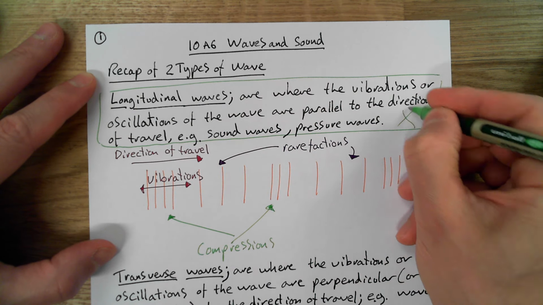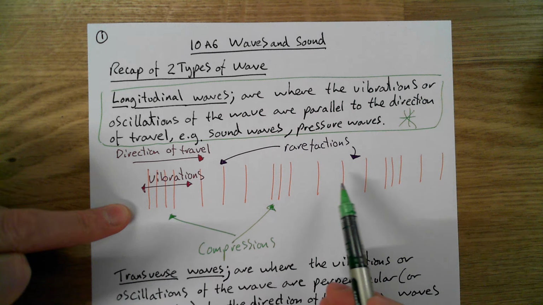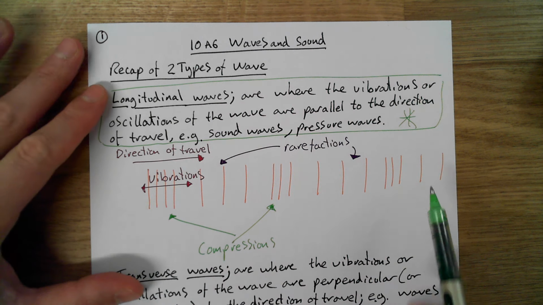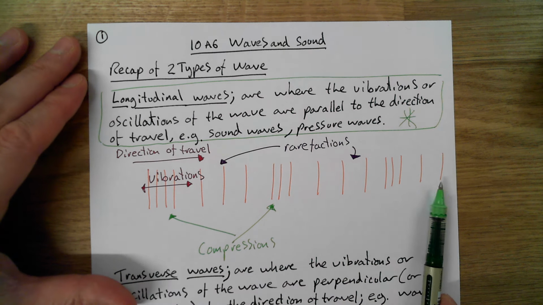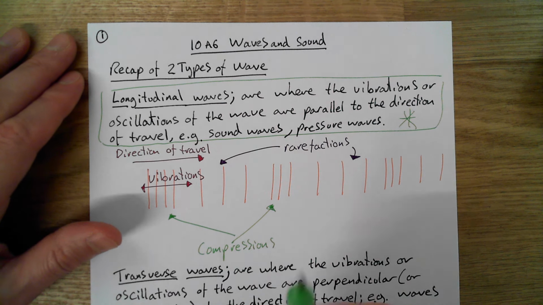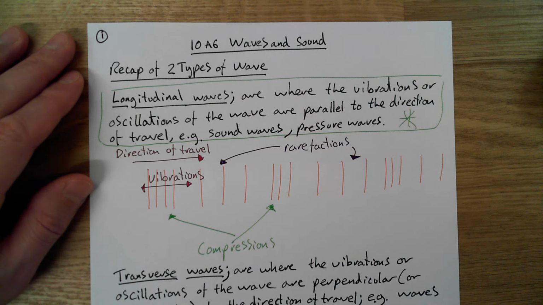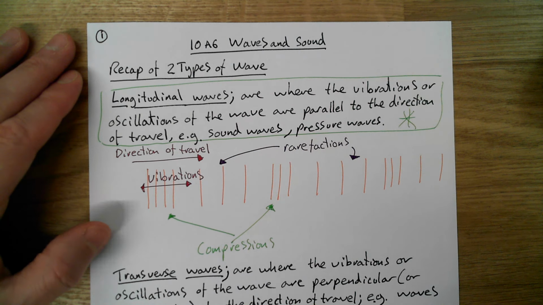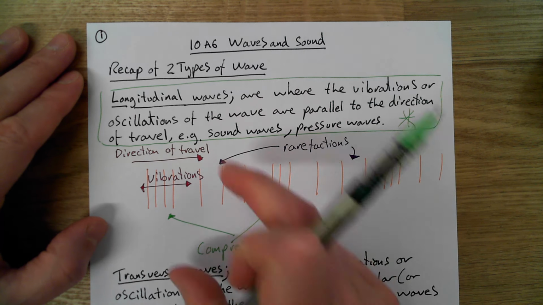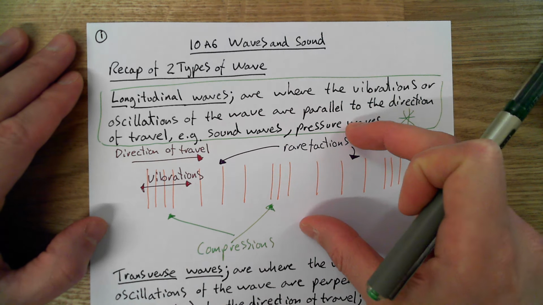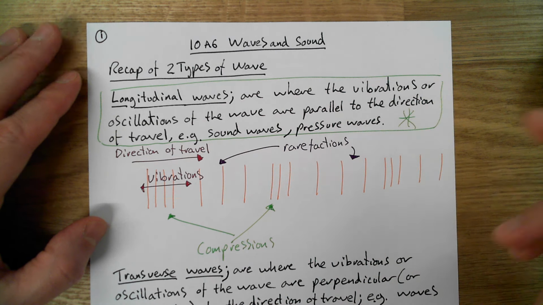Okay, so what I'm trying to show you here with this diagram is the actual propagation of a longitudinal type wave. Now that's difficult to see. I do have a little computer video animation over here in a moment that I'll show you, so perhaps it will make it clearer, but I am including this diagram and discussing it deliberately because this is often the way it's portrayed in revision guides and in exam questions.